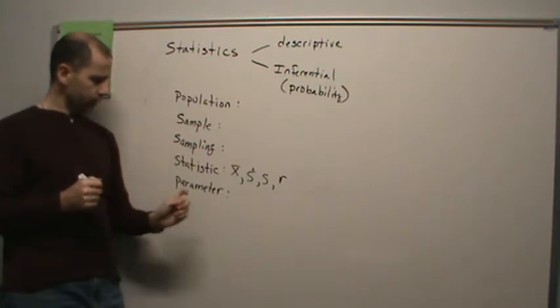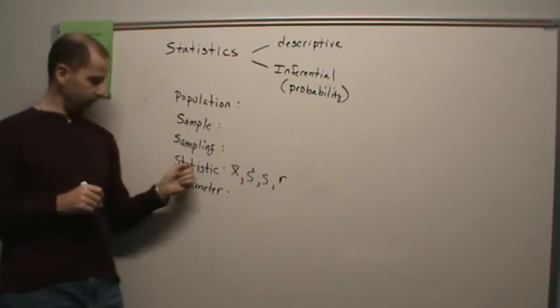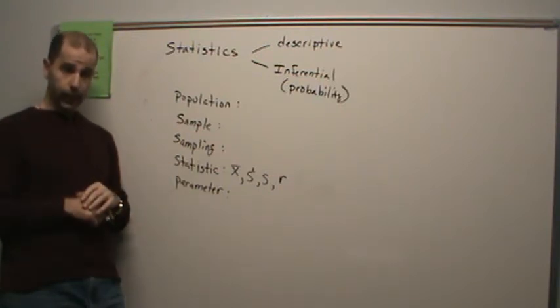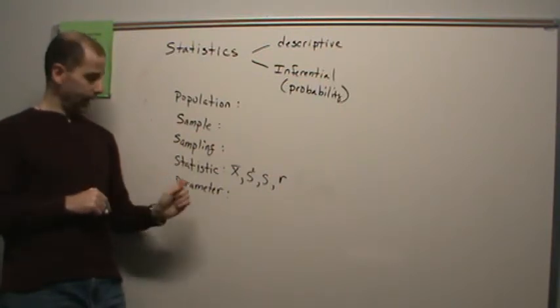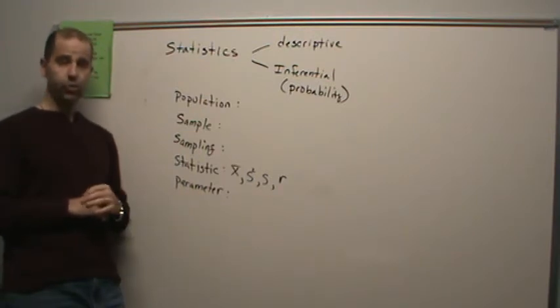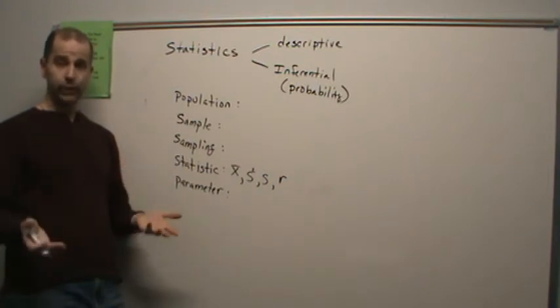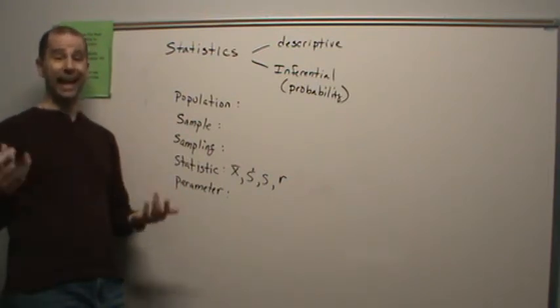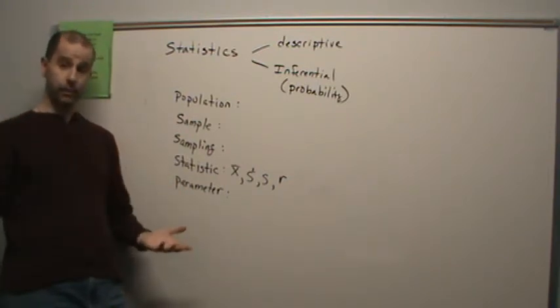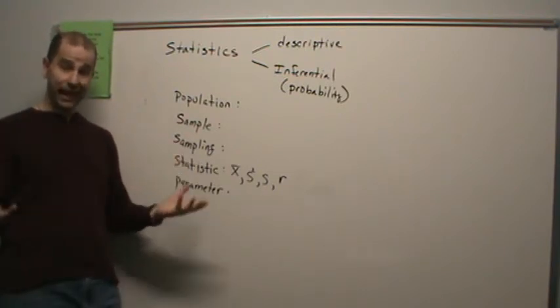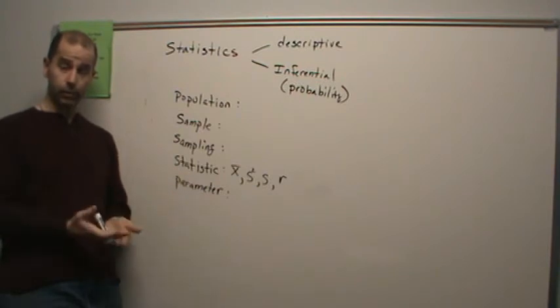Now the difference between a statistic and a parameter, other than where it comes from, is that a parameter is usually unknown. In the real world, it's usually unknown because we don't know the populations. Therefore, we can't calculate it. If we knew the entire population, which in some cases we do, then we could actually calculate what the parameter is.